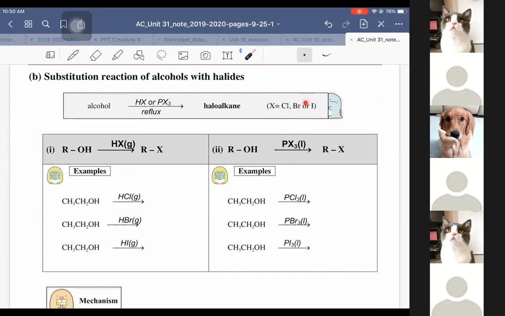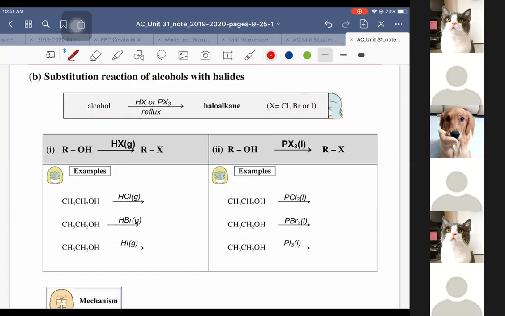The product would be similar. We use a similar way to work out the product. You can tell by its name, substitution reaction. The halogen here, chlorine, bromine, or iodine, would take the place of the hydroxyl group in the reactant so that we can draw the product.